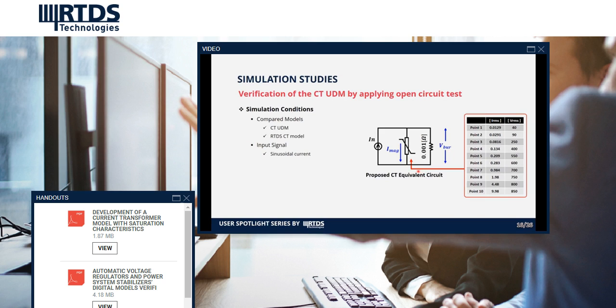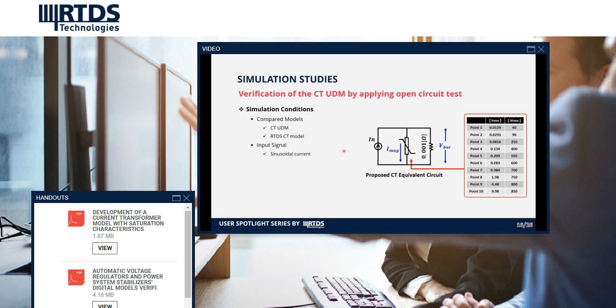In order to compare with the input data, a sinusoidal voltage should be applied to measure the current flowing in the magnetizing inductance branch, which is similar to how a CT manufacturer measures the relationship between secondary exciting voltage and the exciting current.